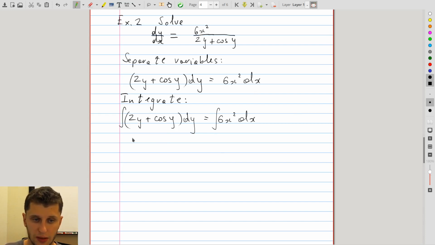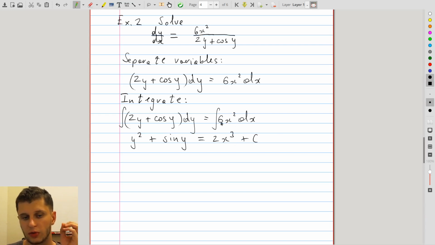As a result, we'll get y squared plus sine y equals 2x cubed plus a constant.